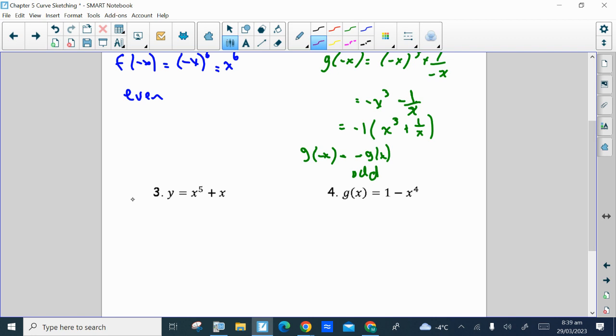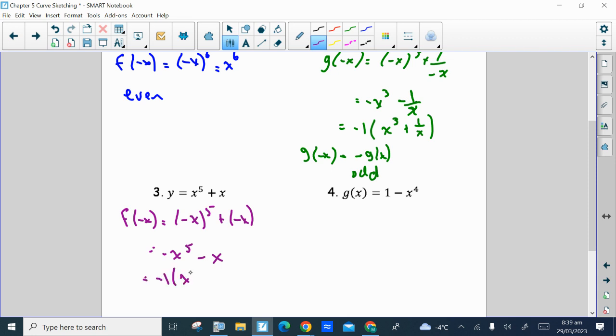Number 3, again, to find out whether it's even, odd, or neither, we replace x with negative x. And for the first term, because it's an odd power, that means you're going to be having a negative. That is not the same as what we started with.